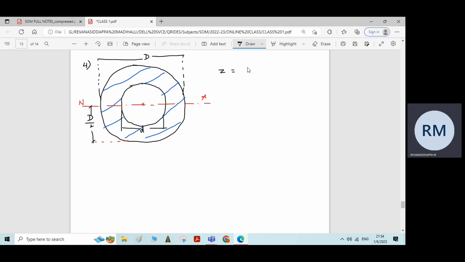So Z is equal to I by y max, and the moment of inertia of this hollow circular cross section is the moment of inertia of the outer circle minus the moment of inertia of the inner circle, which is pi D raised to 4 by 64 minus pi into small d raised to 4 by 64. If you take pi by 64 common, it will be capital D raised to 4 minus small d raised to 4. And y max value is capital D by 2.